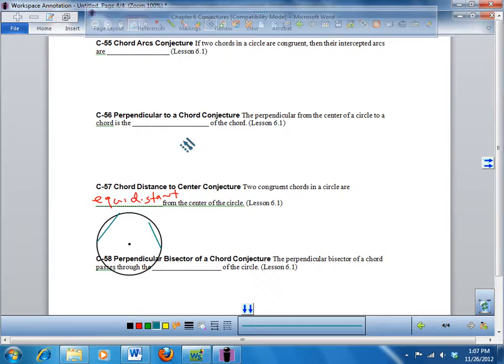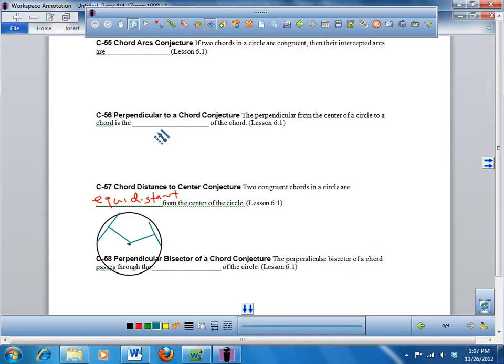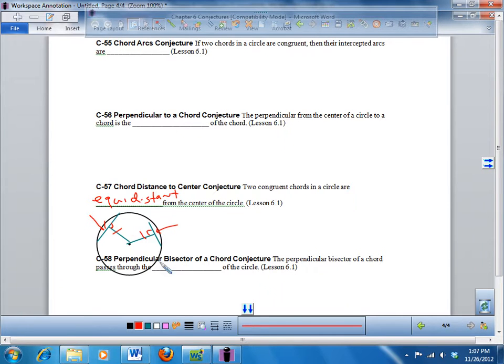But it turns out, and this would be a good thing to do in the lab, that the distance from here to here and the distance from here to here is the same. Okay? So these are the same distance, and remember distance is always measured perpendicular. So if these are the same, then they're the same distance away from the center of the circle. And that can be proved using congruent triangles. So that's probably not a very good picture. You guys get that?